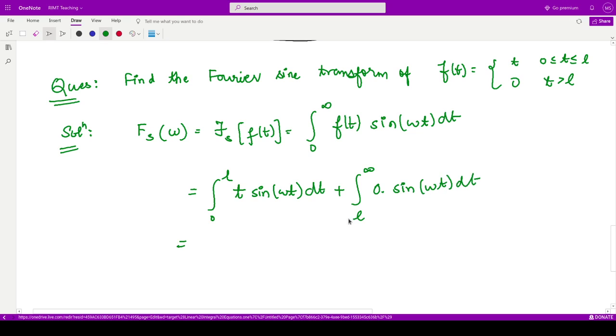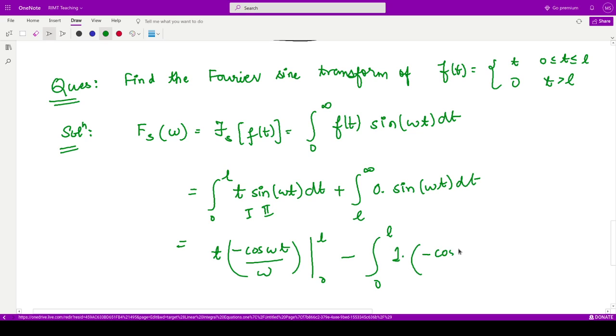So now this term would obviously be 0, so again here we can apply integration by parts. So first function as such, the integration of second would be minus cos omega t divided by omega, with limits from 0 to L, and then minus integration from 0 to L, derivative of first function would be 1, the integration of second function would be minus cos omega t divided by omega into dt.